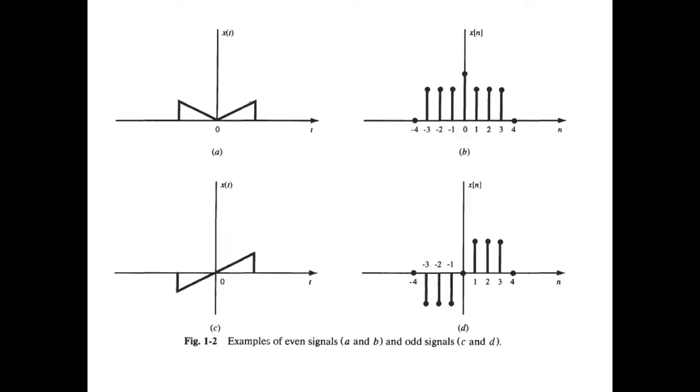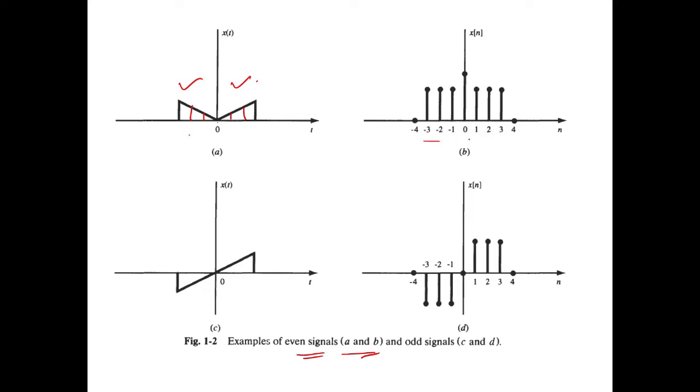So again, over here we have some examples of even signals, A and B. So these are even signals. At 0 it is fine. If t equals 1 and t equals minus 1, the value is the same. Say t equals 2 and t equals minus 2, same value. So these are even.